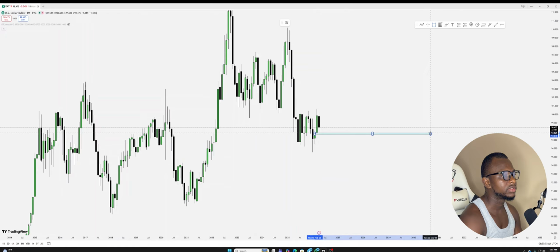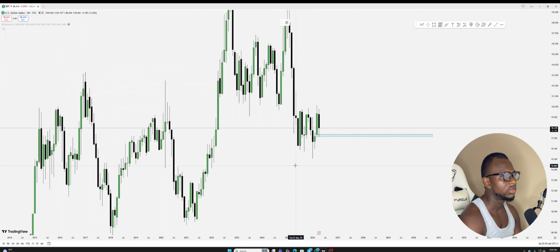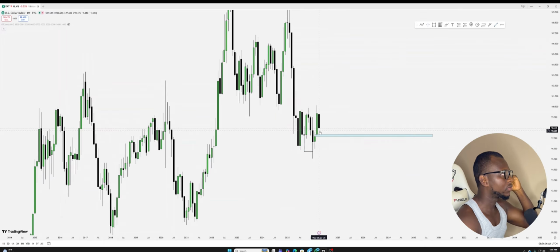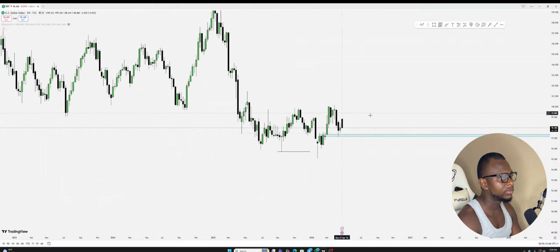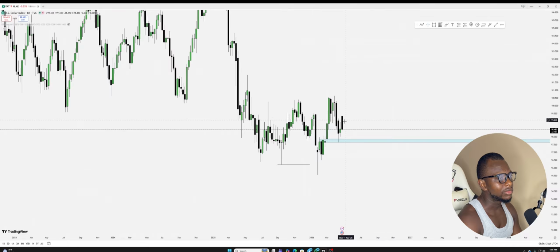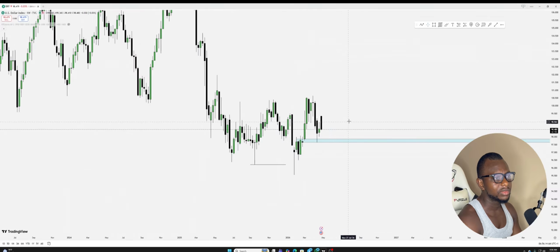Now we have this volume imbalance right there, which price has traded into on the DXY, and also taking out the sell side liquidity before expanding higher. So this is on the monthly time frame. We navigate down to the weekly time frame, and I don't know what kind of opening gap this is, but it looks really strange, right?